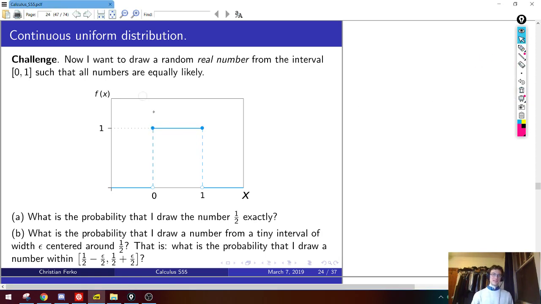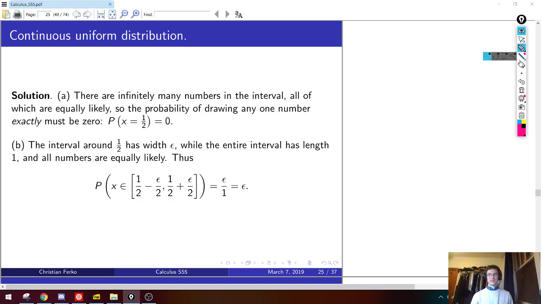Yes. This is why continuous probability is very confusing. So just to rehash the answers, as you said, there's infinitely many numbers in the interval, so the probability of drawing, say, 1/2, a specific number, is 0. And as you said, the probability of getting someone in the interval around 1/2 is epsilon.